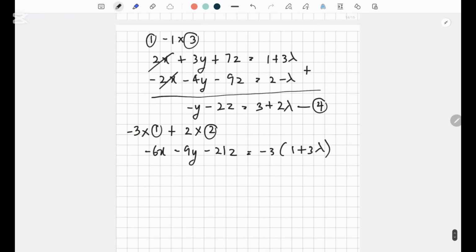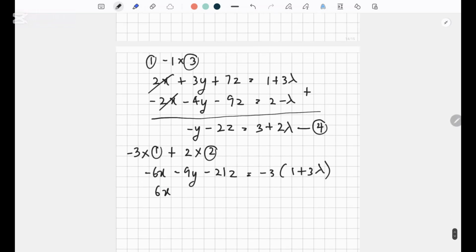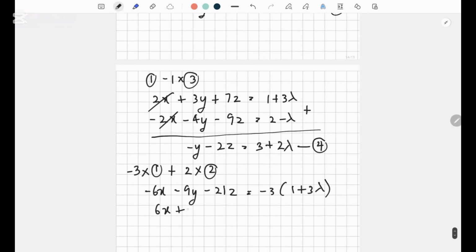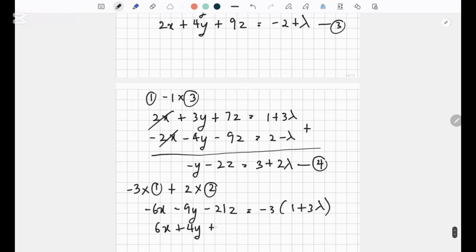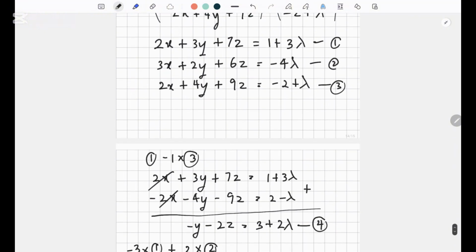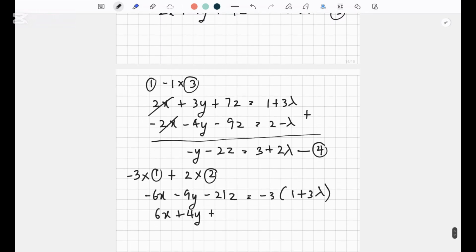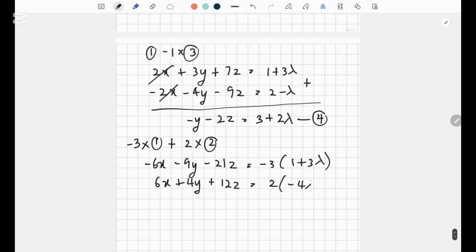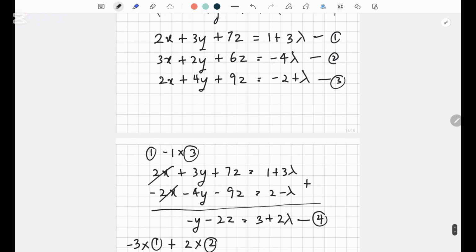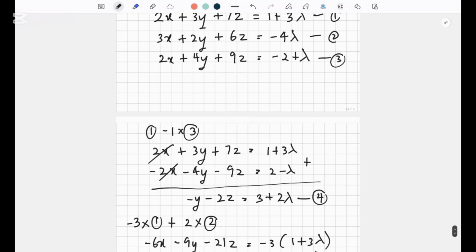And you multiply the second equation with 2, giving you 6x plus 4y plus, minus 4 lambda. Let me just recheck. Okay, everything looks good.